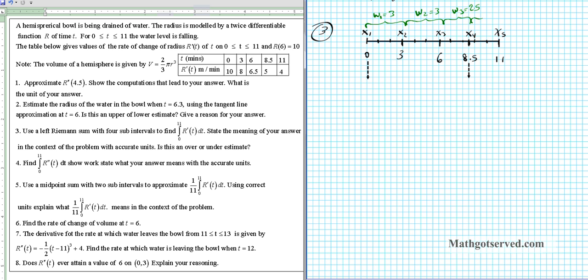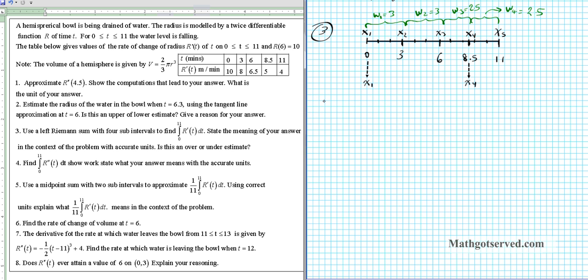And then the last one, w4, is going to be 2.5 also. 2.5 plus 8.5 equals 11. All right, so you can clearly see that in this problem, the widths are uneven.